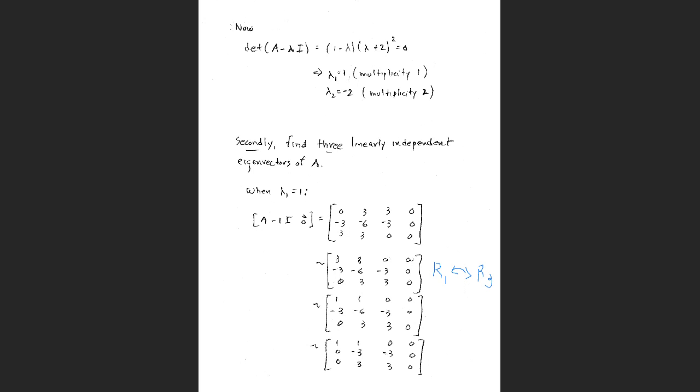Here, I took 1/3 times row 1 and replace row 1 with that result. And then here, I took 3 times row 1, added it to row 2, put the result in row 2.